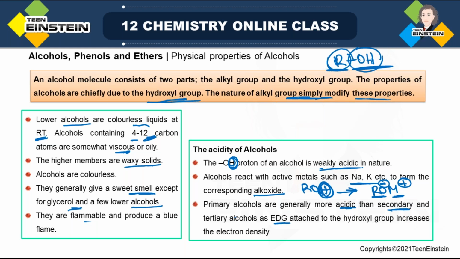That is the reason primary alcohols are generally more acidic than secondary and tertiary, as electron donating groups attached to hydroxyl groups increase the electron density, and as a result acidity decreases.